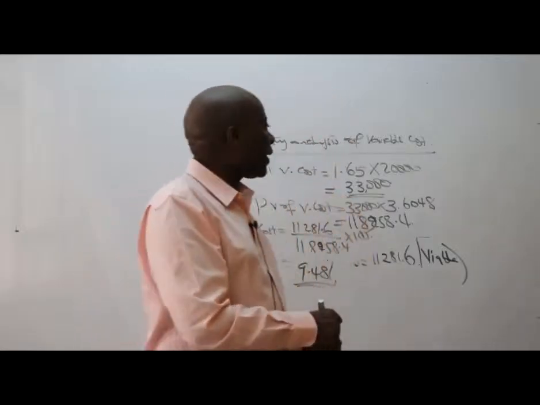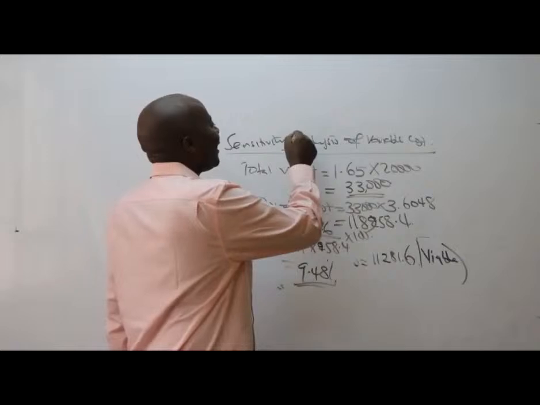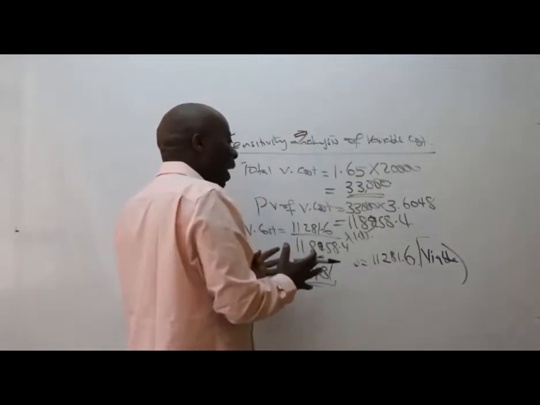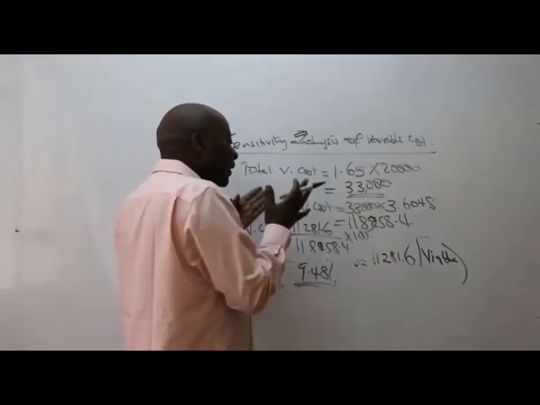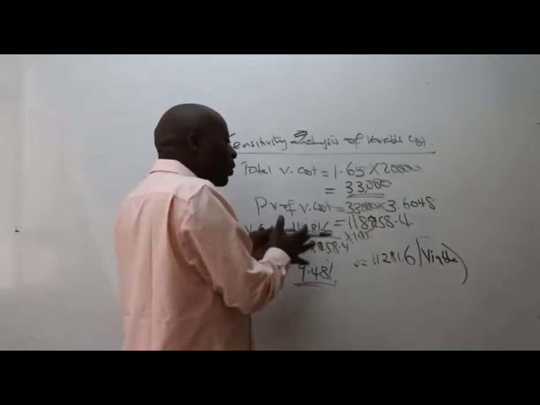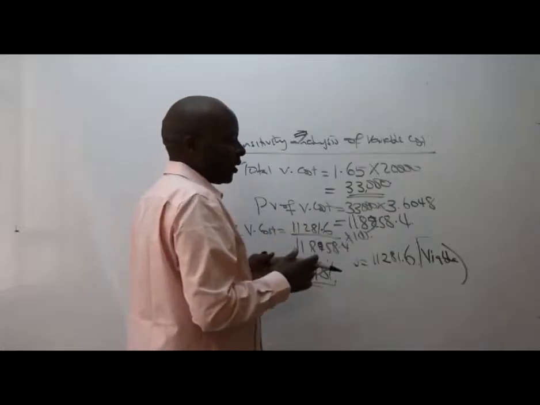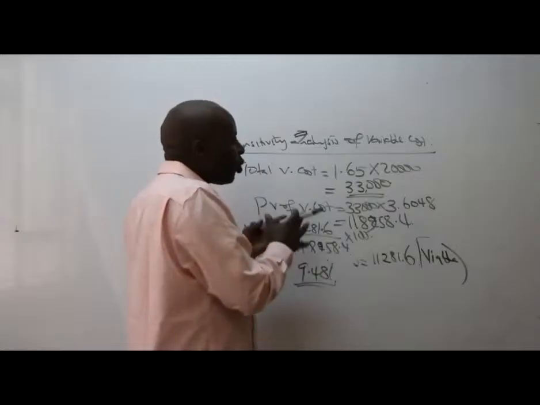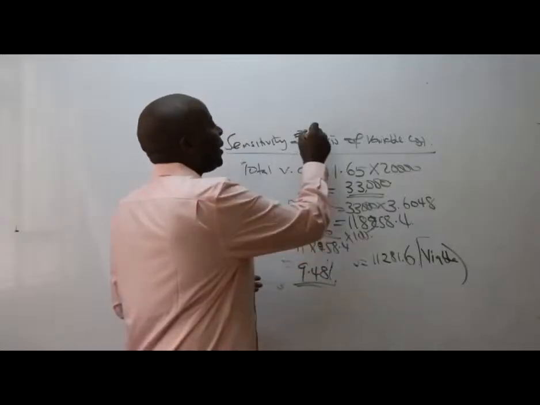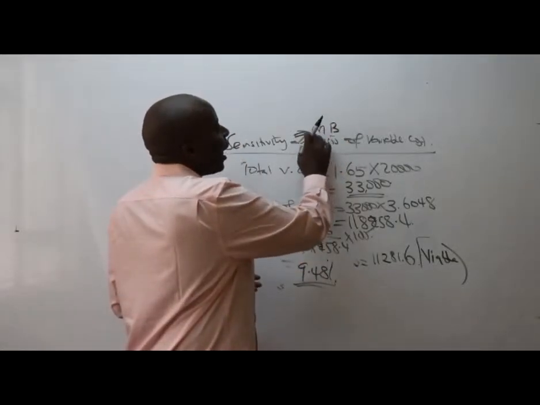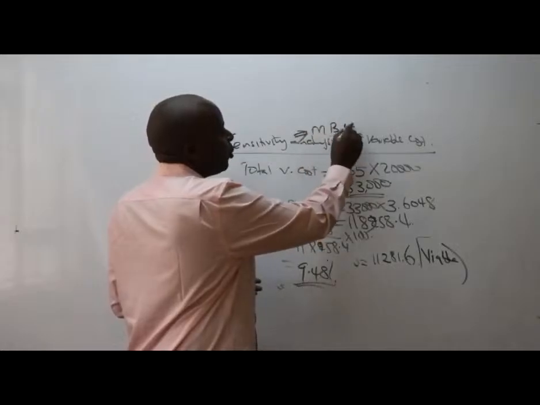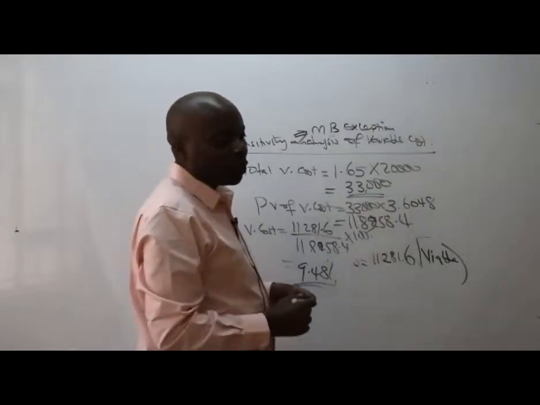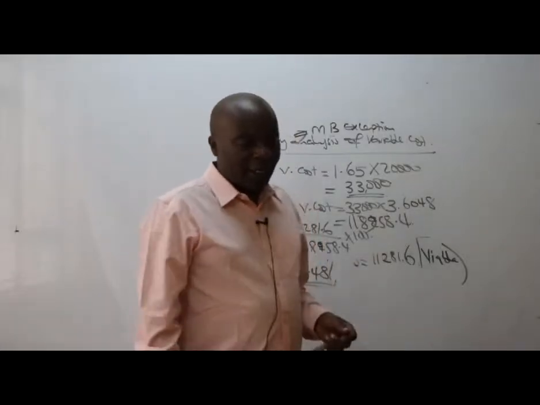So, ladies and gentlemen, sensitivity analysis is a model that helps us bring out the variables that we have and get to know where we concentrate, right? Where do we put most of our efforts to ensure that things do not change? So it is a management by exception tool.